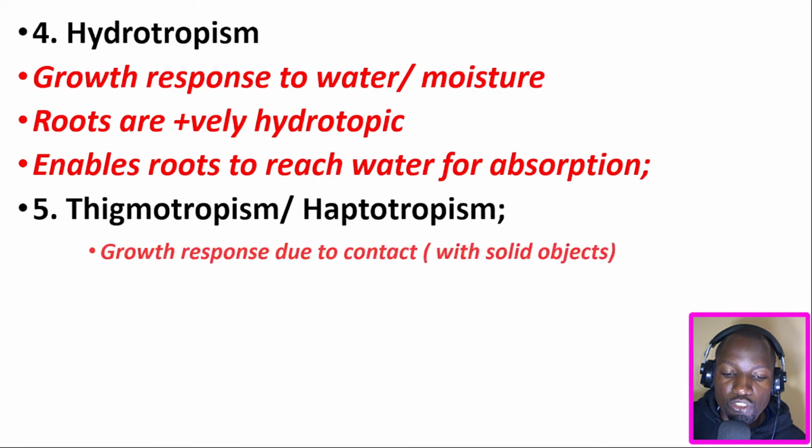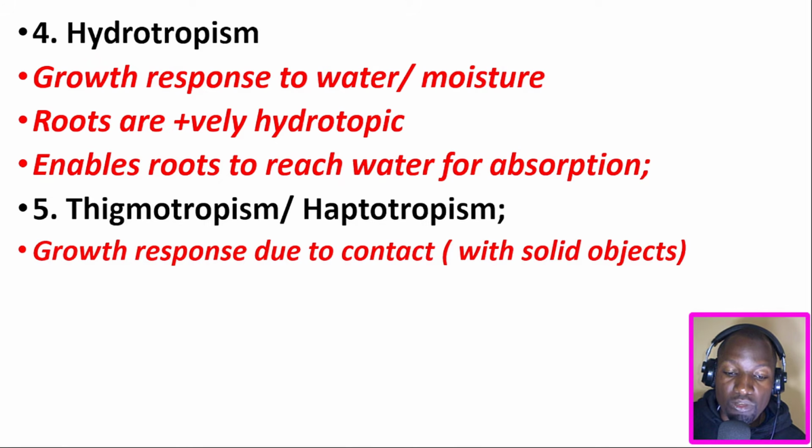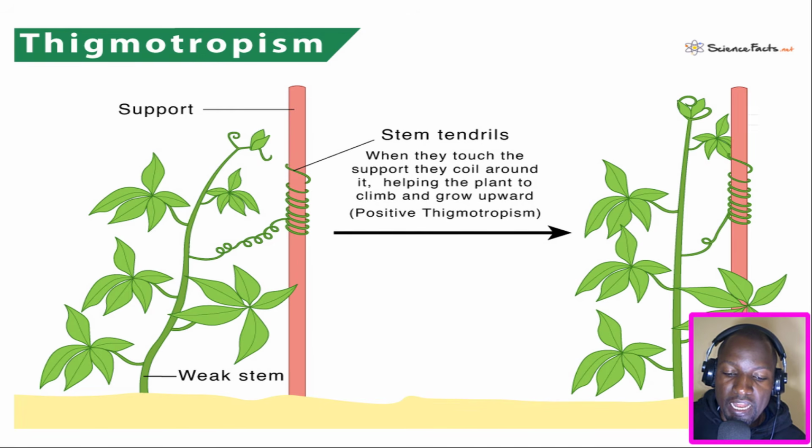Now, this is a growth response due to contact with solid objects, and it is observed mainly in climbing stems, in plants which use tendrils, especially weak plants with weak stems, to enable them to reach light for photosynthesis, and also to enable their flowers to be exposed to pollinators, and expose fruits for dispersal. Those are the survival values.